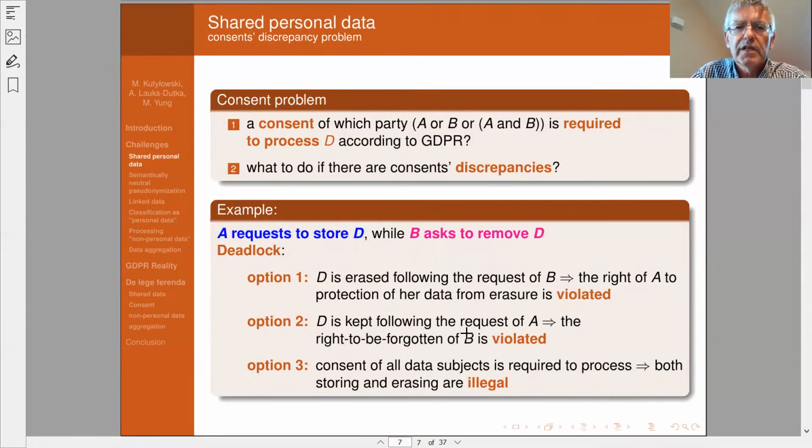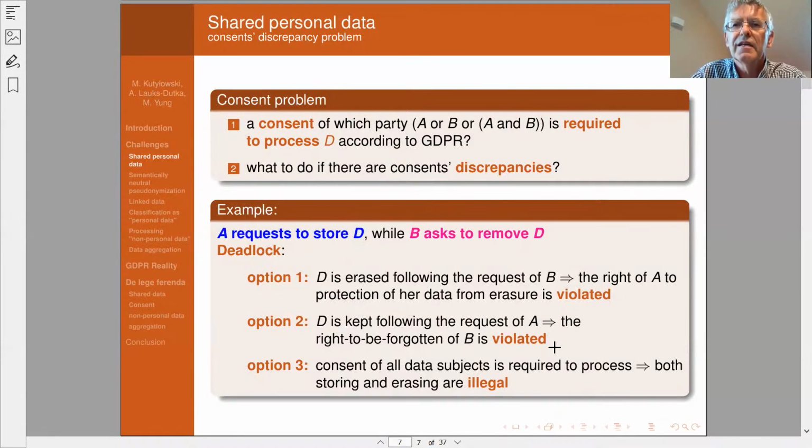Another situation is that we keep the data, A will be happy about this, but then the right to be forgotten of B is violated. Okay, then we can say consent of both of them is necessary to perform any processing.